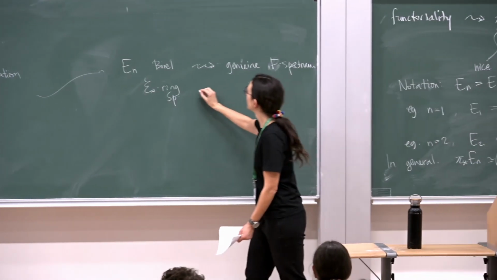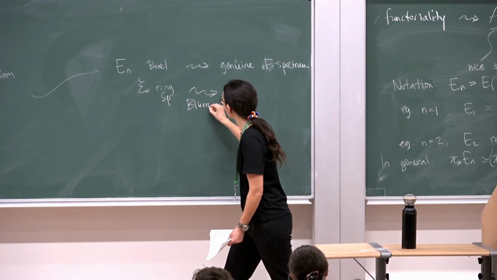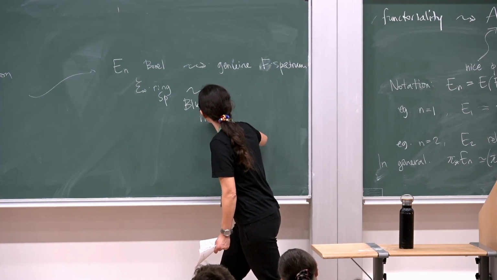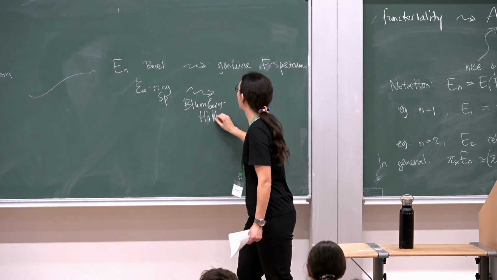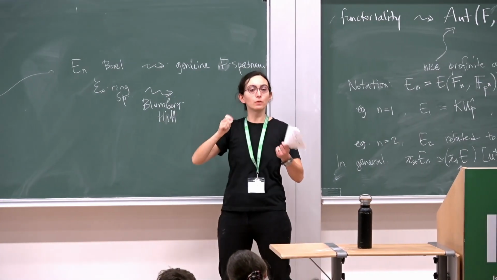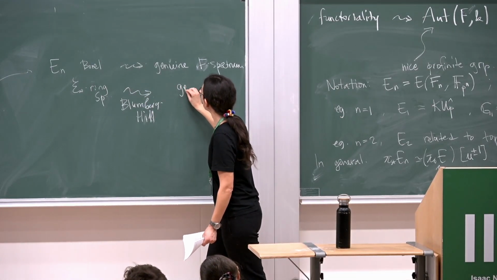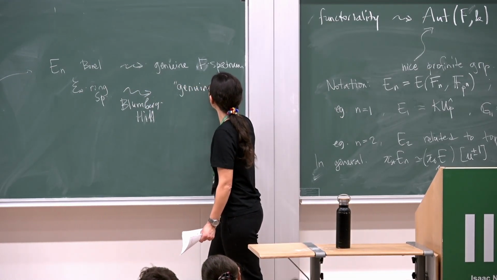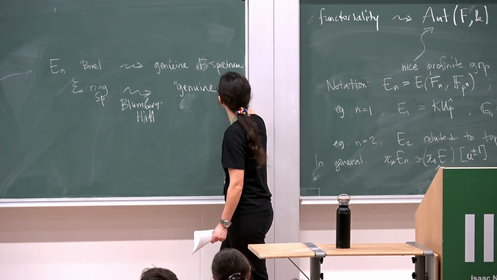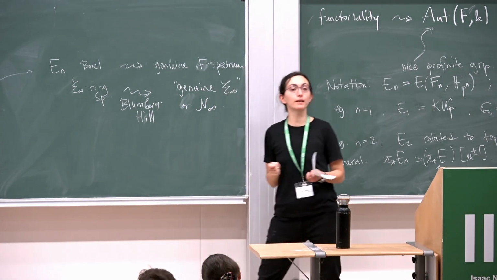So this incredible work of Blumberg and Hill tells us that we have fancy norm structures in E_n. So it's in fact a genuine commutative, or genuine E-infinity, multiplicative structure.